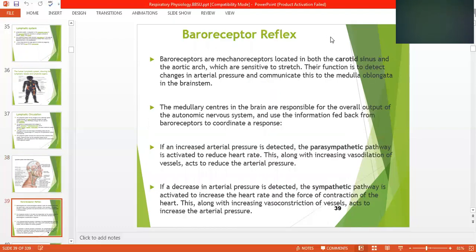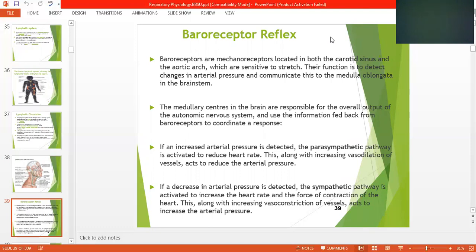Now let's talk about the baroreceptors. Baroreceptors are mechanoreceptors located in both the carotid sinus and the aortic arch. The branch that comes out from the aorta is known as the carotid artery, and then the aorta bifurcates while coming out from the left ventricle; one part goes to the head and neck and the other to the body: thoracic aorta, abdominal aorta, then dividing into the femoral arteries in the thighs and legs. These receptors are sensitive to stretch.